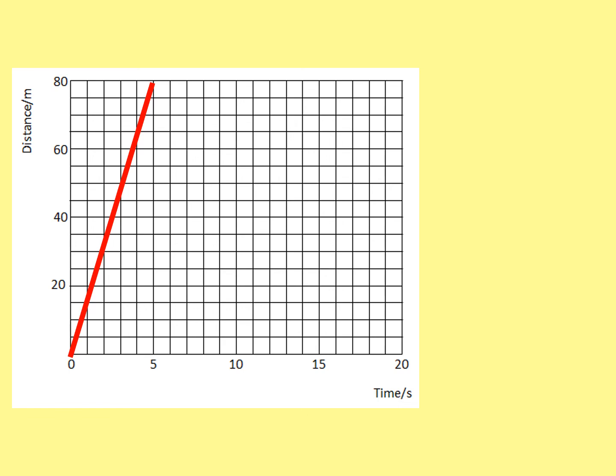So we're going to do a very similar thing for this one. The total distance, we go to the end of the line and go that way, is 80 metres. The total time taken is, if we look down, 5 seconds. And the speed is what we're looking for. So speed is equal to distance divided by time.